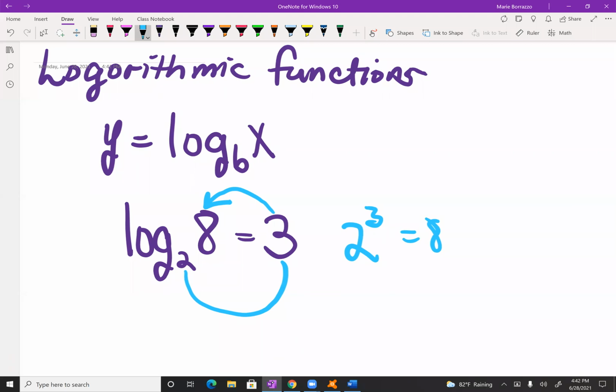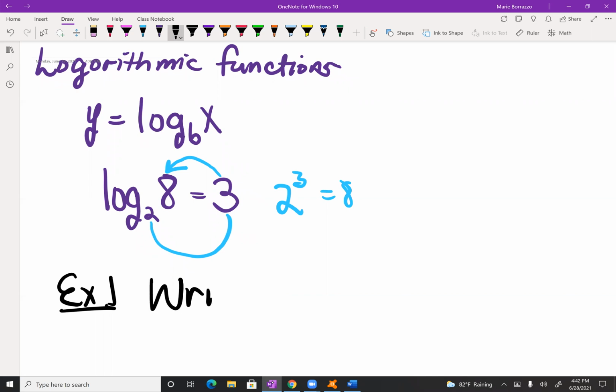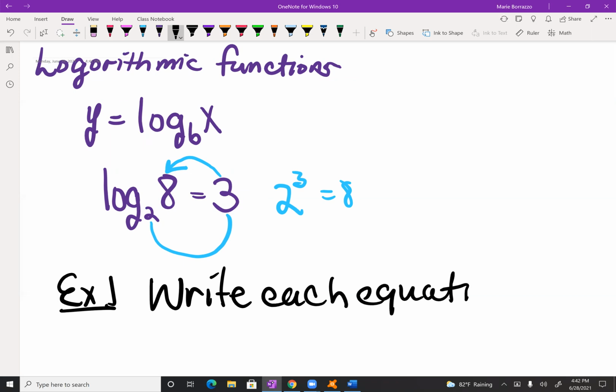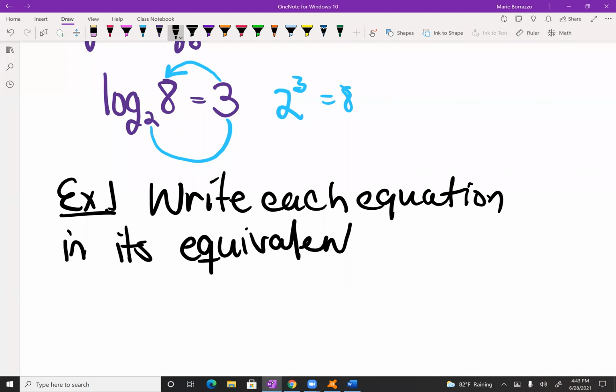So one of the things that they ask you to do in example 1 is to write each equation in its equivalent exponential form.